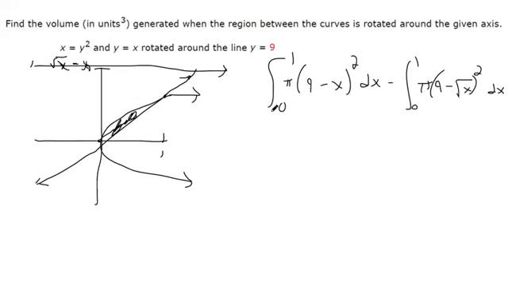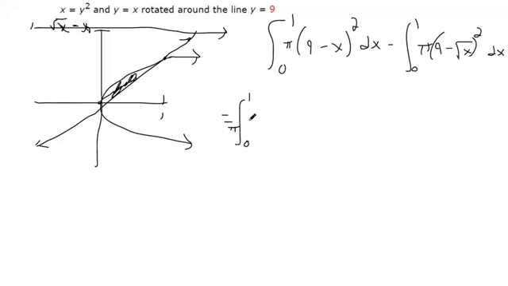I think we've got everything now. So factor out the pi, and if you expand this, this is 81 minus 18x plus x squared.